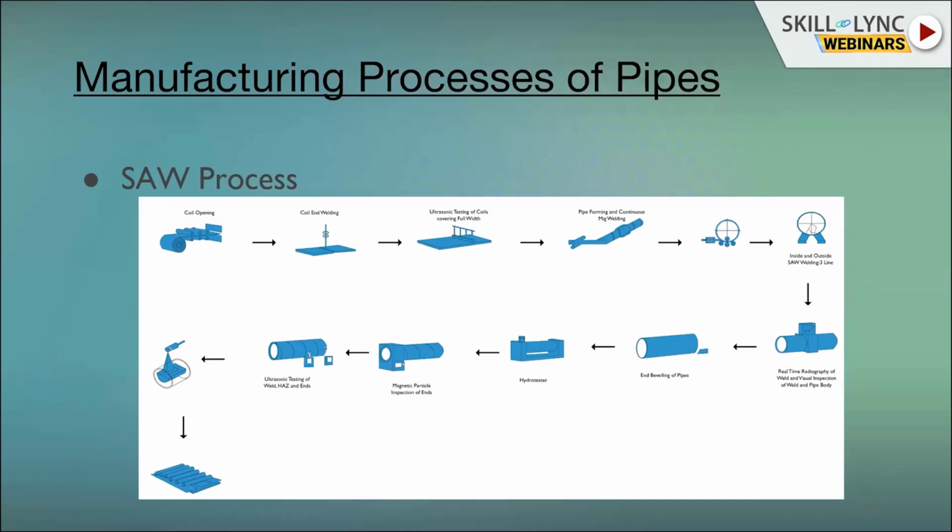After the coil end welding, ultrasonic testing is done. In ultrasonic testing, you transfer sound waves to a particular weld, and they reflect back if a discontinuity is observed in the weld. That is a non-destructive testing method, done for the full width of the coil.